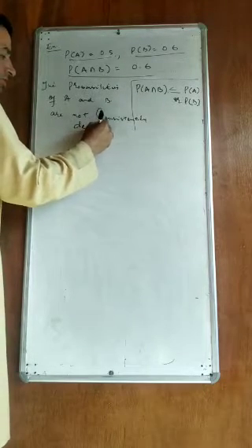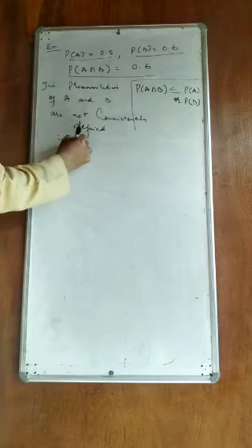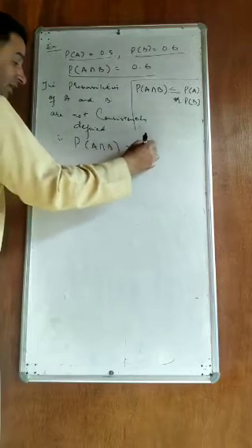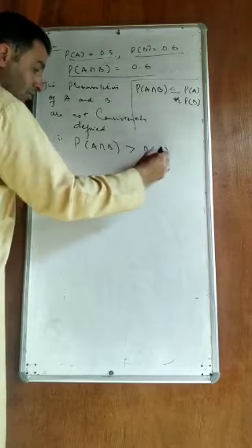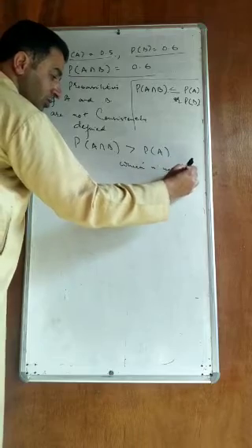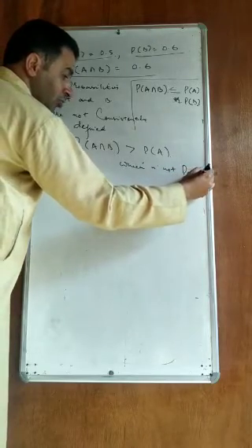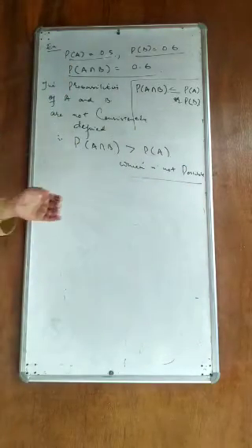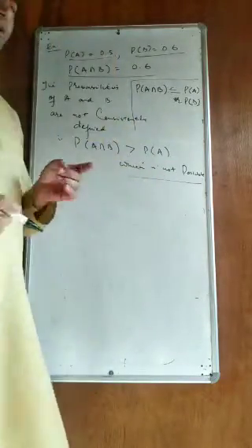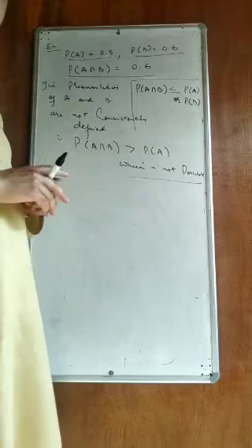Why is it not consistently defined? Because the reason is here, probability of A intersection B is greater than probability of A, which is not possible. It will never be possible that probability of A intersection B is greater than probability of A. So these probabilities are not consistently defined.